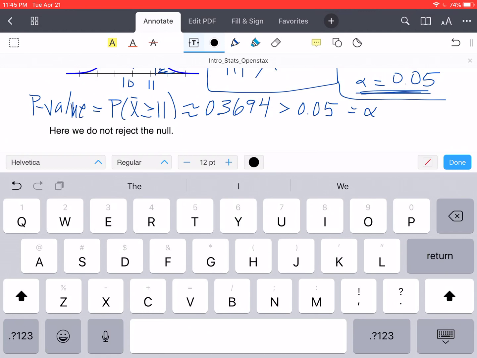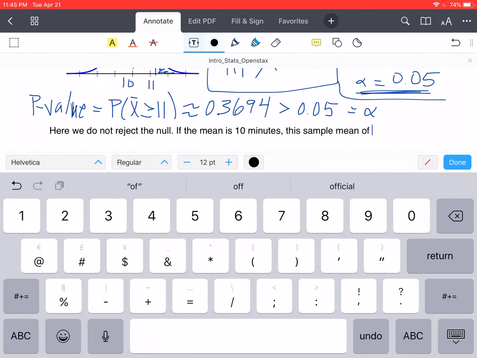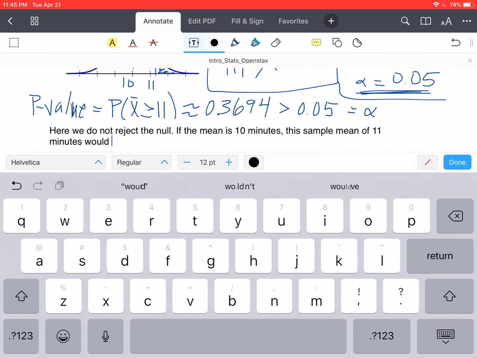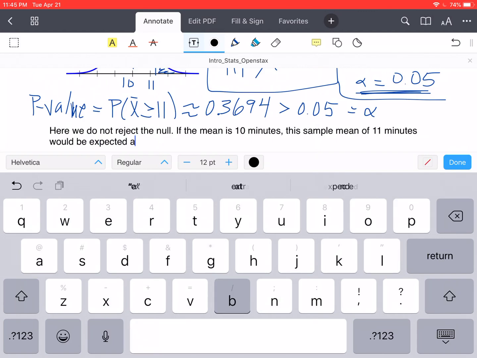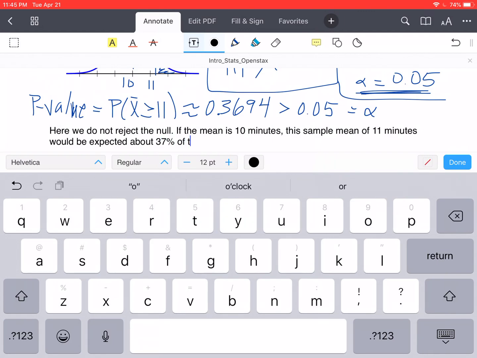Okay. So if the mean is 10 minutes, this sample mean of 11 minutes would be expected about 37% of the time, so not unusual.